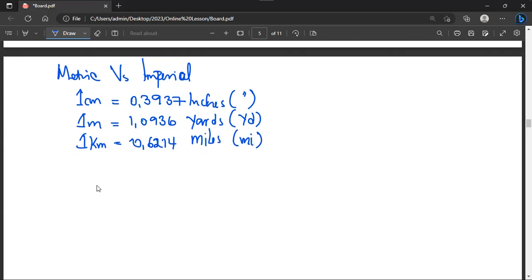These are miles. Then we go to the other question. This other conversion says 1 meter equivalent to 3,2808. These are feet.